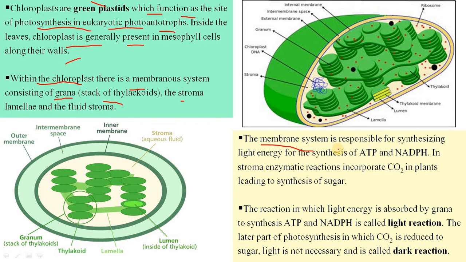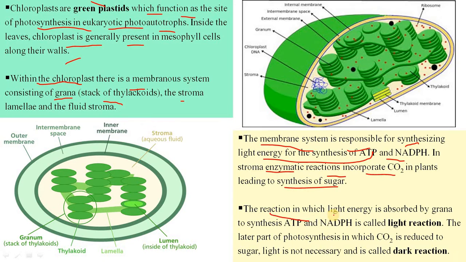The membrane system is responsible for trapping light energy for the synthesis of ATP, adenosine triphosphate, and NADPH, nicotinamide adenine dinucleotide phosphate, hydrogen. And in the stroma, enzymatic reactions incorporate CO2 in the plants, leading to the synthesis of sugar.